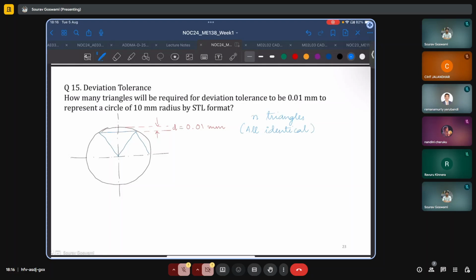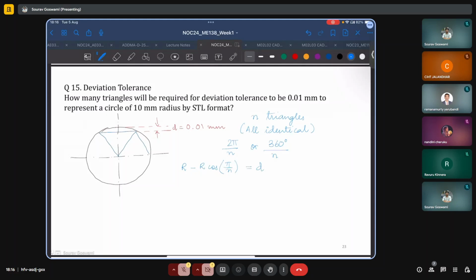then the entire angle contained within the circle, 2 pi radians, is divided between n triangles, or if you are working with degrees, then 360 degrees is contained in these n triangles. And the formula which we are supposed to use is basically r minus r cos pi by n is equal to the deviation tolerance d.